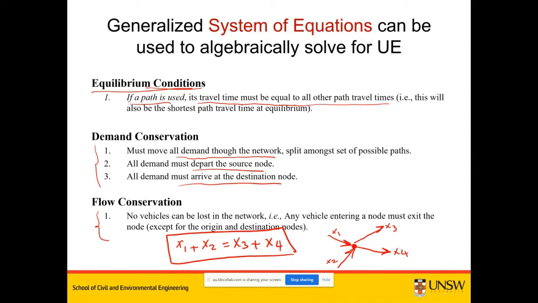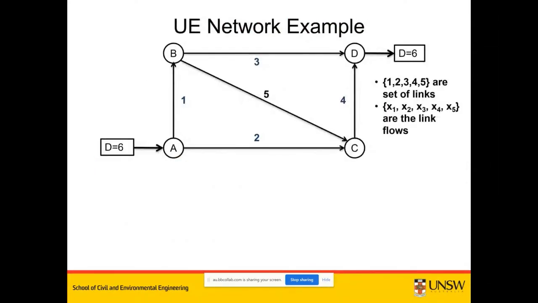And again, depending on how large the network is, you may have a couple of these examples for which you could write the flow conservation equations. So here's another example where we have a more complicated network, and I have A as my origin and D as destination.